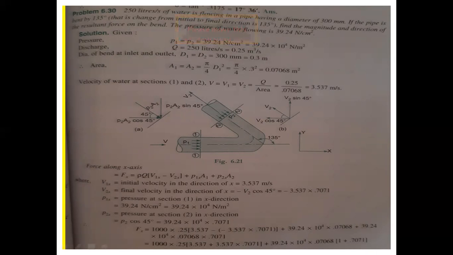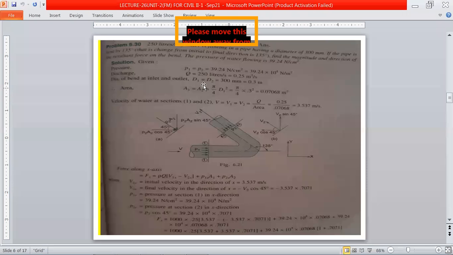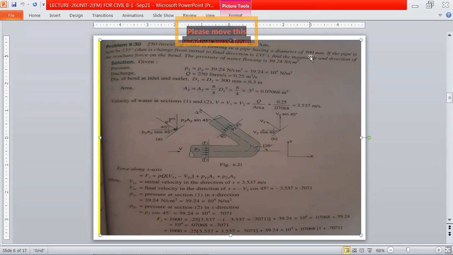Next problem. In this problem, we are seeing 250 liters of water flowing in a pipe having a diameter of 300 mm.